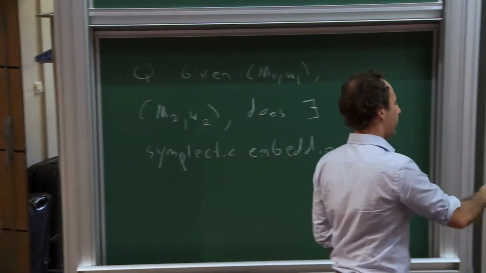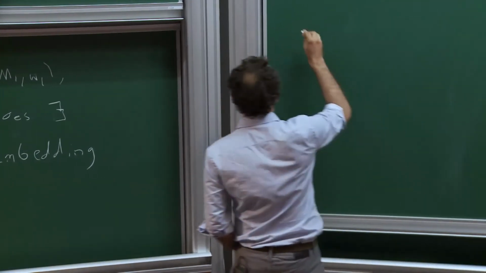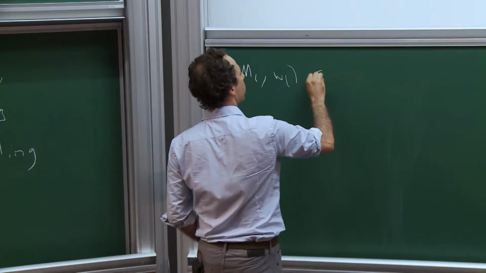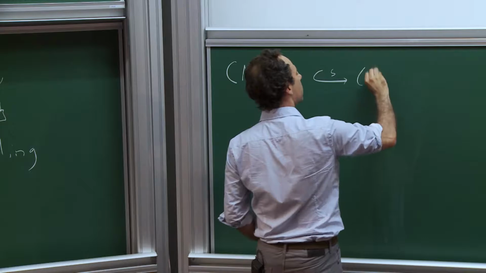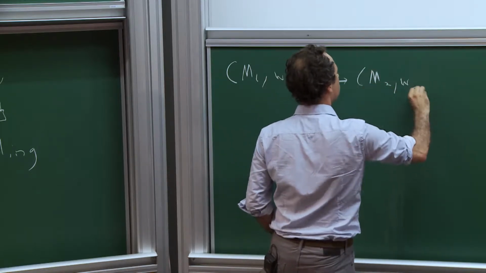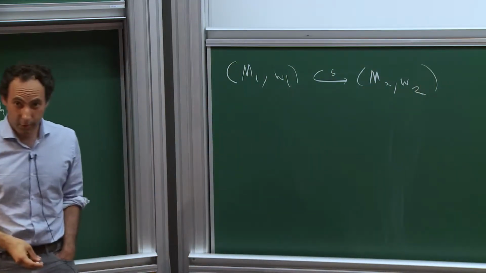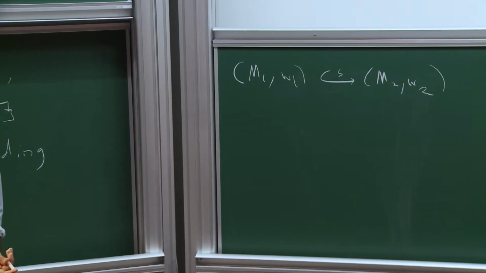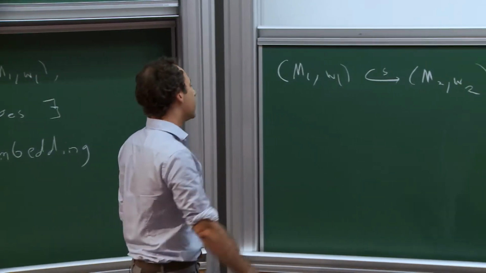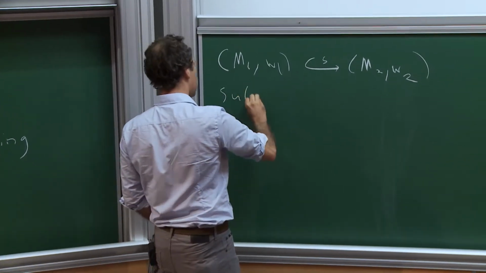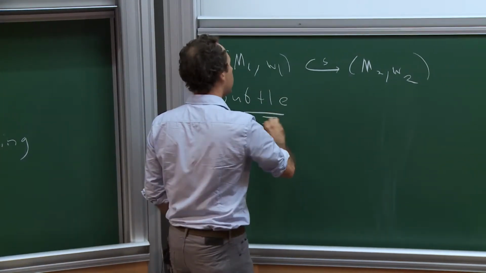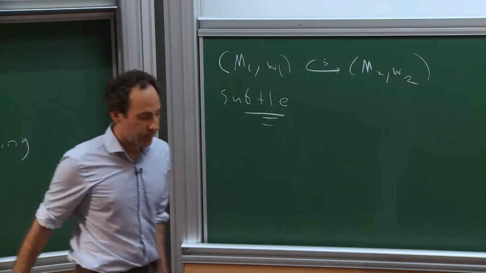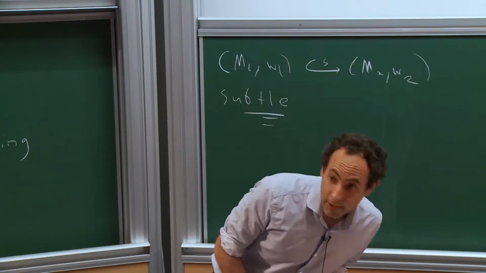I'm going to write my symplectic embeddings like this, where the S just stands for symplectic. This is the basic question that we want to know the answer to. It turns out that this is quite subtle. I'll give you an example to illustrate why it's subtle in a moment. But anyways, that's the basic background.